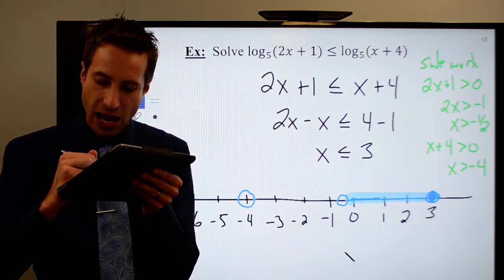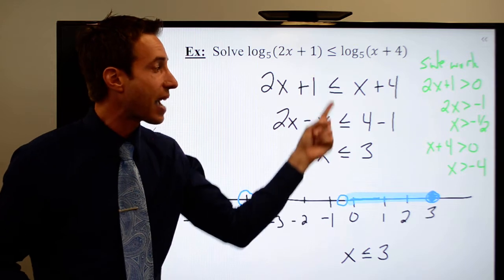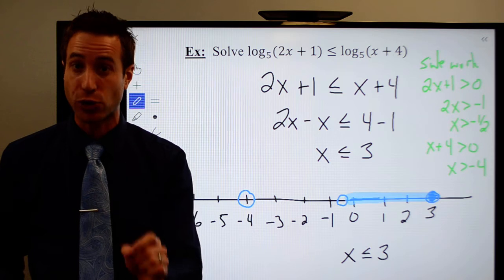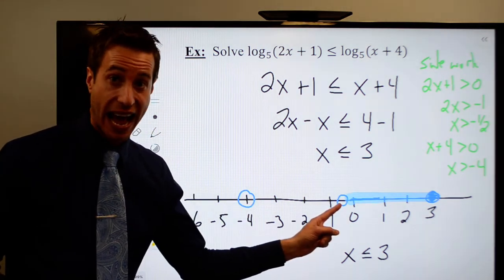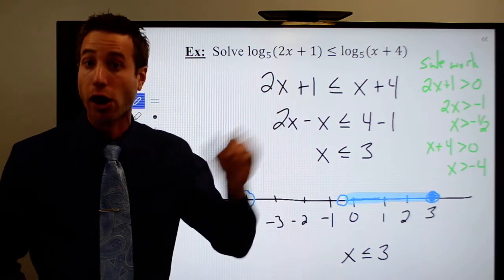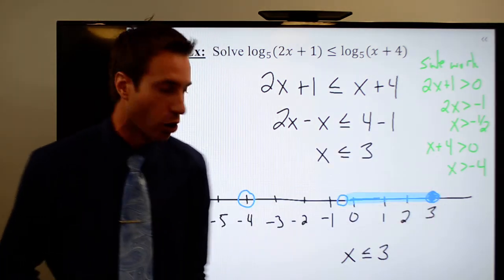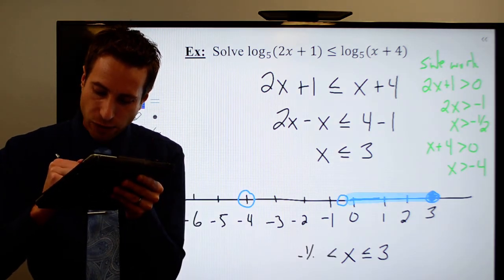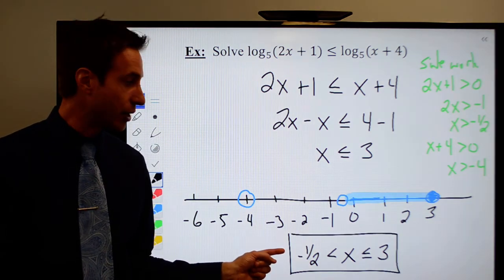And so here's my inequality. Here's my final answer. I need all values of x less than or equal to 3. That's what I get by actually solving the logarithmic inequality. But I have to restrict my domain, because if I pick anything that's less than -1/2, I wind up taking the log of 0 or a negative number, and that's not okay. So based on my side work, I need all those values of x to be bigger than negative 1/2, and there is the solution region, right?